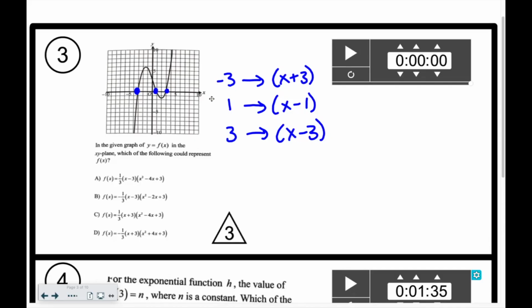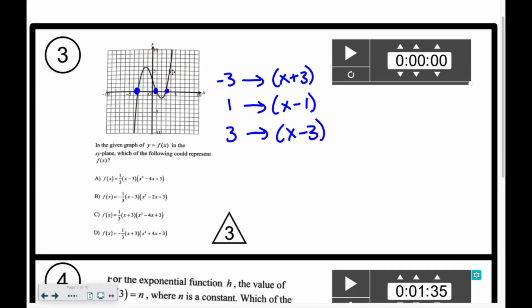So that doesn't really help me that much because when I look at the answers, I have x plus 3 and x minus 3 in every answer. So to eliminate answers, I'm going to have to check the other answers by factoring them more. But one thing that can help me is the end behavior.